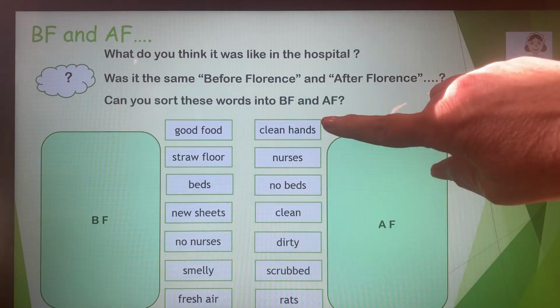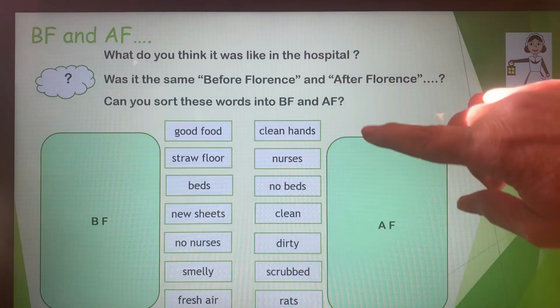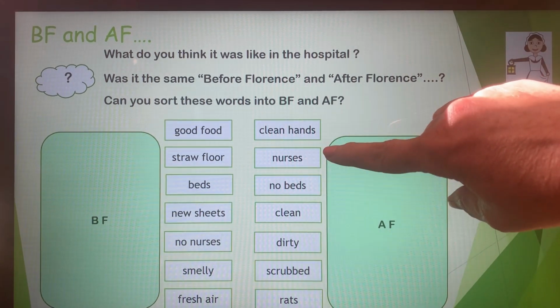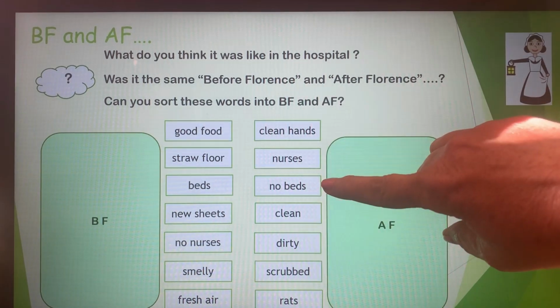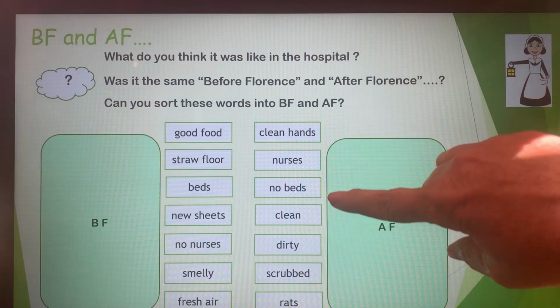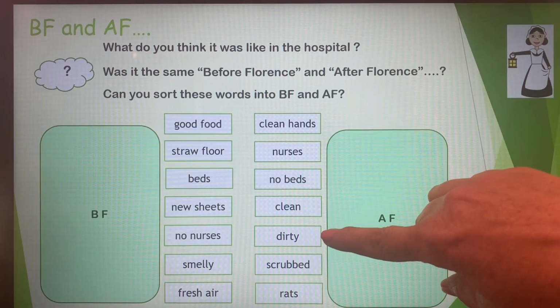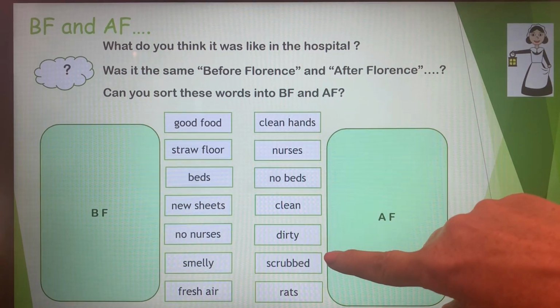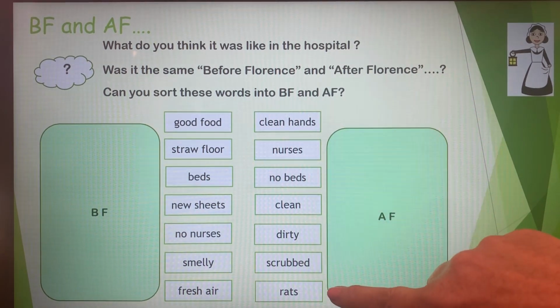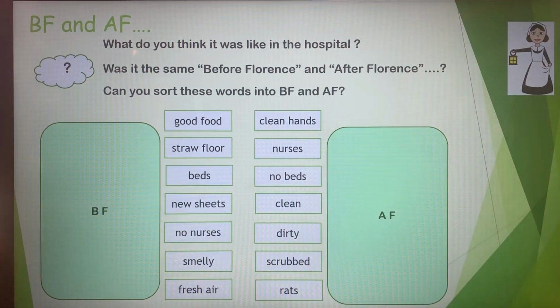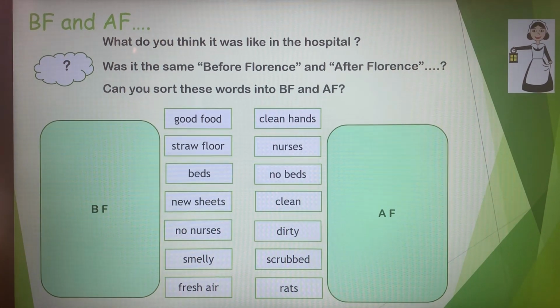We've got clean hands. I hope yours are clean too. Nurses. No beds. Clean. Dirty. Scrubbed. And rats.